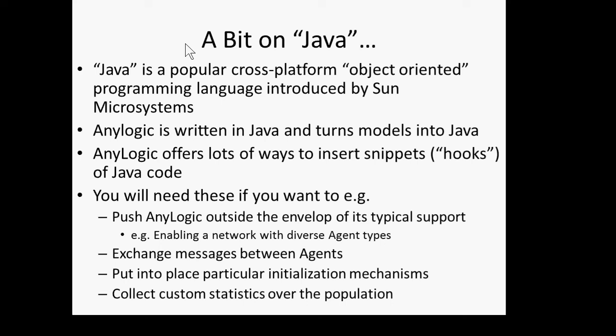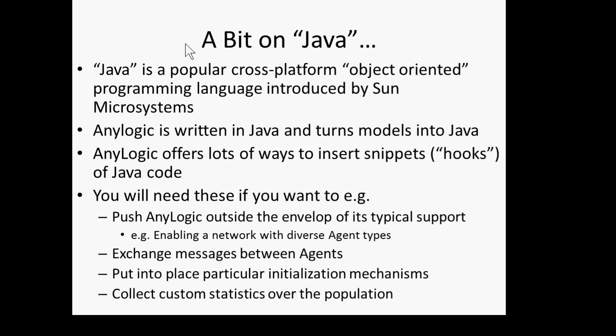Behind your model is Java code. AnyLogic basically operates much of its mechanisms by taking care of a lot of the basics and allowing you to insert these snippets, these little fragments of Java code. So even when you enter a lot of those constants, like a timeout of 10, that's Java code that you've inserted, okay?